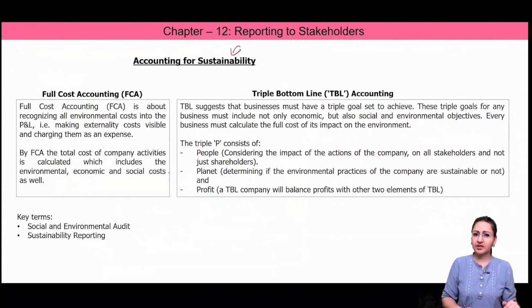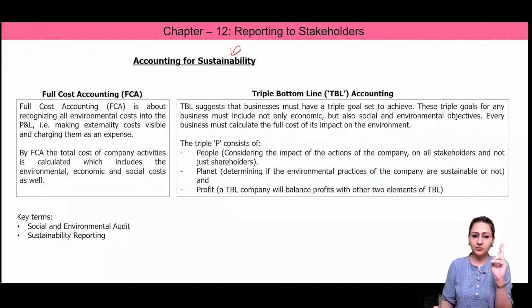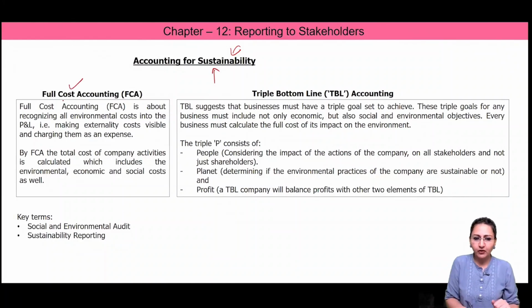But accounting for sustainability nowadays is happening. We have two systems or methods with which sustainability accounting is being done. One, record the full cost, all environmental costs, include these costs also in the P&L. That is a full cost accounting method.